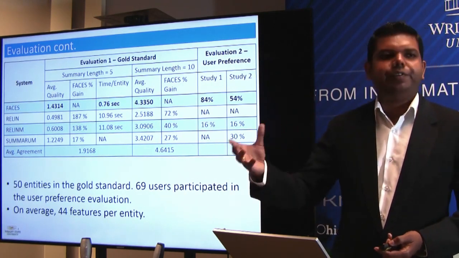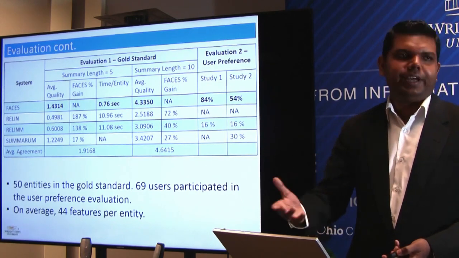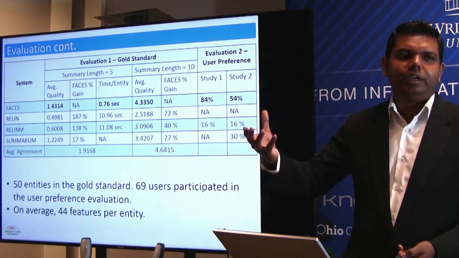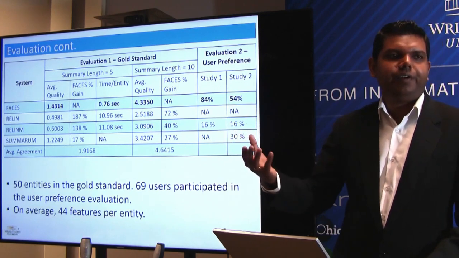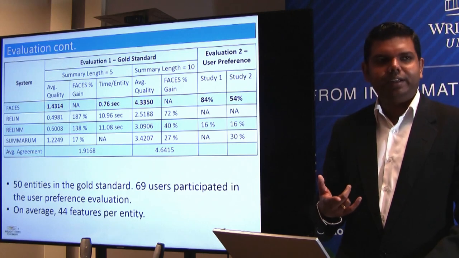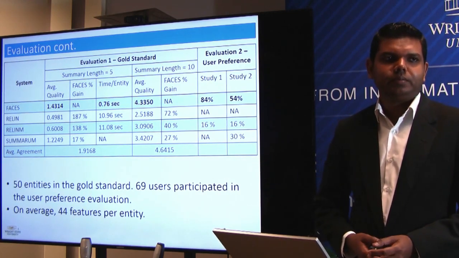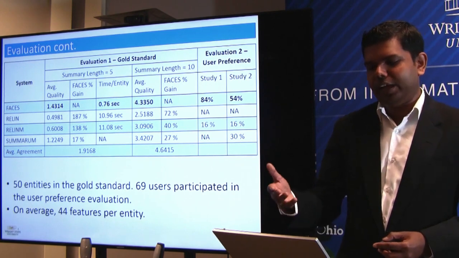Not everybody created all the 50 entities. We distributed them, say 20 to 25 entities for each person. But at least one entity received around 5 to 7 different summaries. That's why we are making the average overlap.